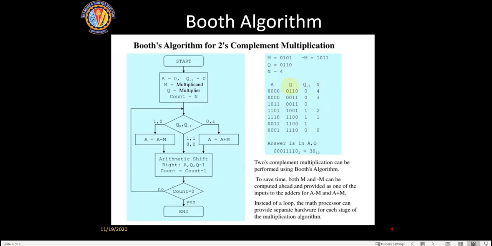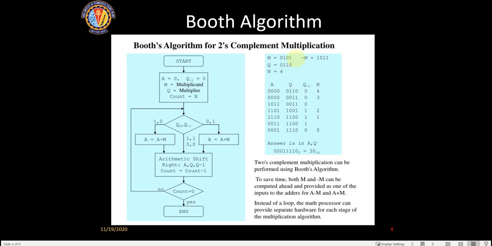The only difference is that last time we were monitoring only the last bit of Q, now we have put one more storage bit here, and we are going to monitor these two together and take a decision whether to add or to subtract. Last time we did only addition, here we will do a subtraction also.